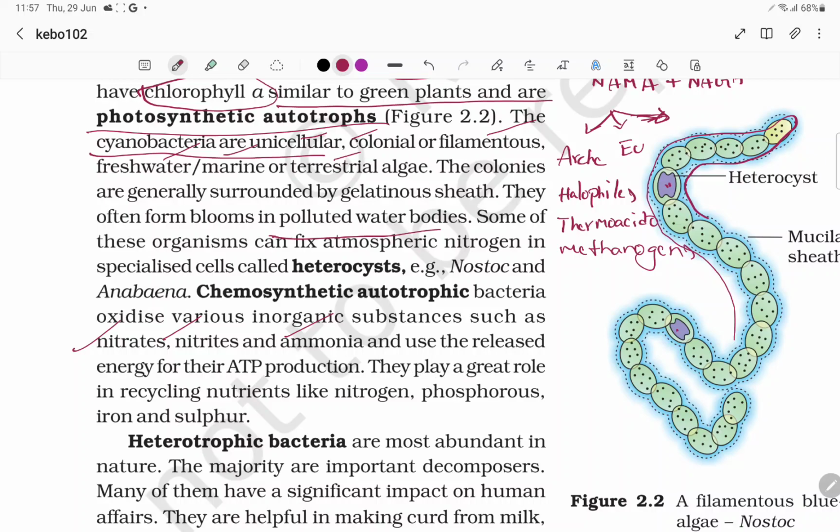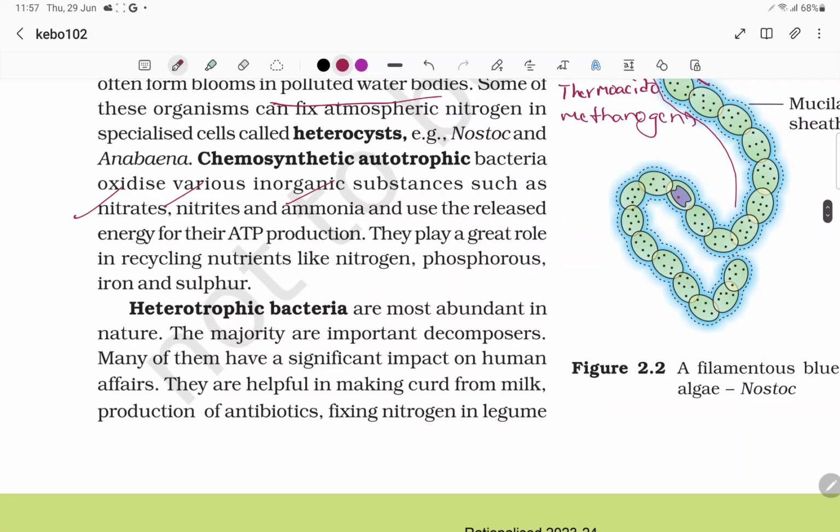They play a great role in recycling nutrients such as nitrogen, phosphorus, iron, sulfur, etc. In the category of eubacteria, we have autotrophic bacteria as well as heterotrophic bacteria. In the autotrophic bacteria, we have the blue-green algae. In chemosynthetic bacteria, we have the nitrogen fixing bacteria, meaning the formation of nitrates.